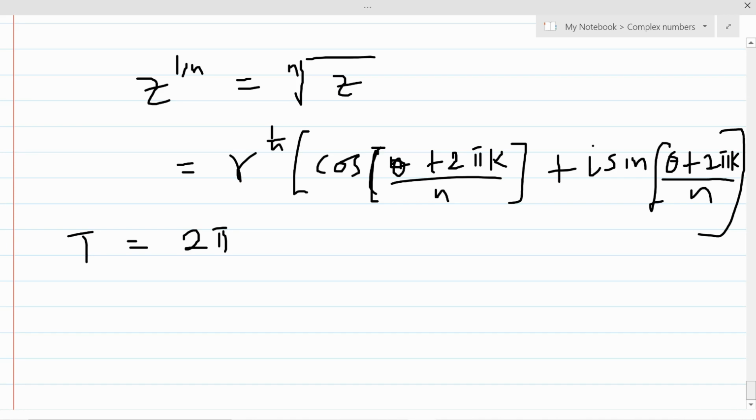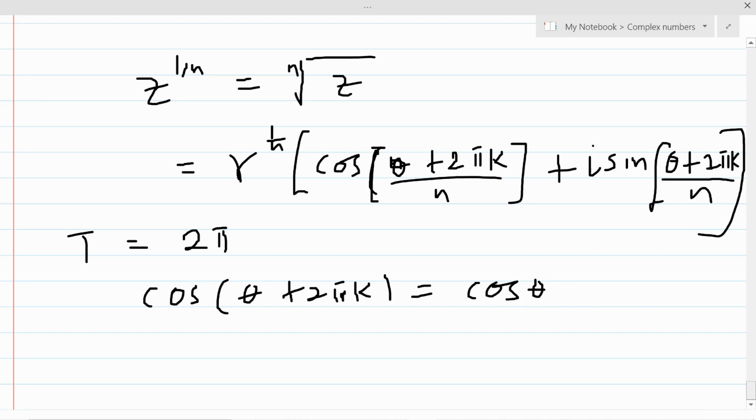So because of this, if I have cos of theta plus 2 pi k, this is the same as cos theta cos 2 pi k plus sin theta sin 2 pi k, which is the same as cos of theta.